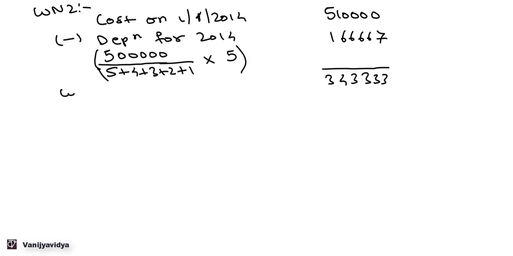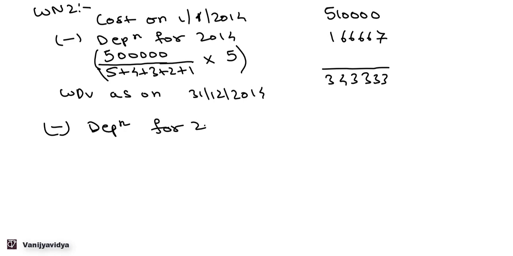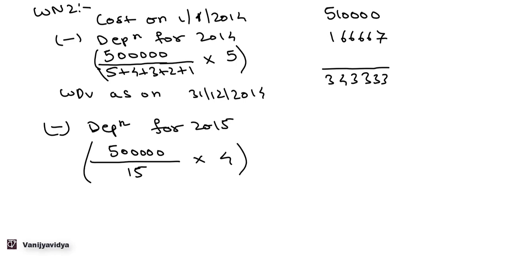This is WDV as on 31st December 2014. Then less depreciation for 2015 will be 5 lakh divided by 5 plus 4 plus 3 plus 2 plus 1, that comes to 15 into number of years including current year, that comes to 4.